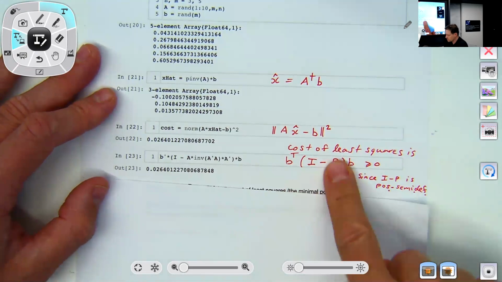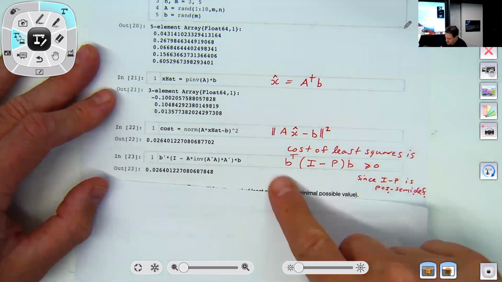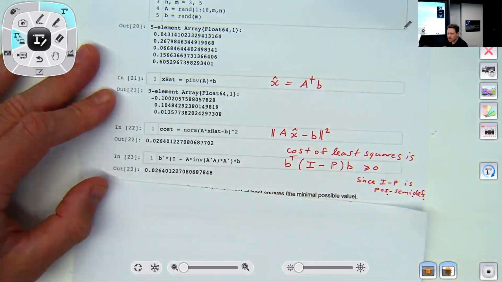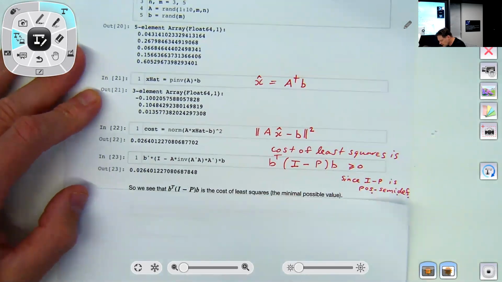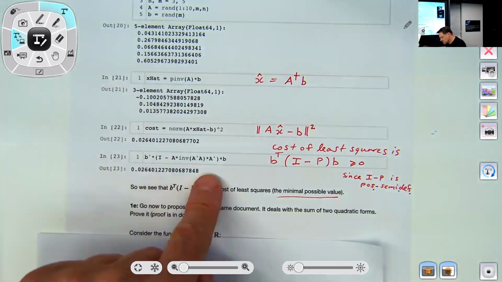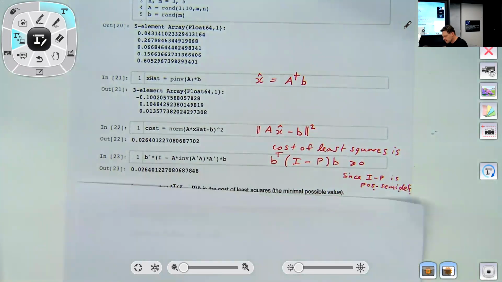Okay, so this holds for all vectors x, where we put x as B there. All right, and so we can see, yes, we get a positive number for that one. And these two agree.